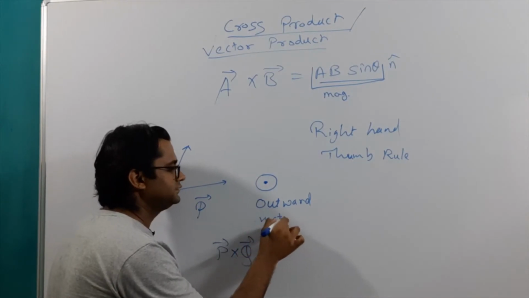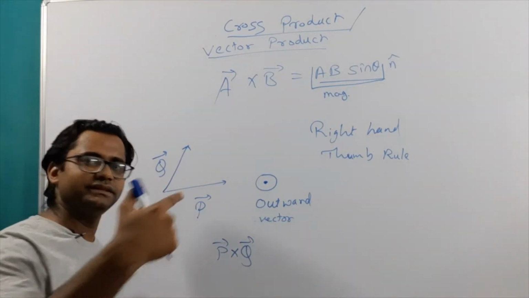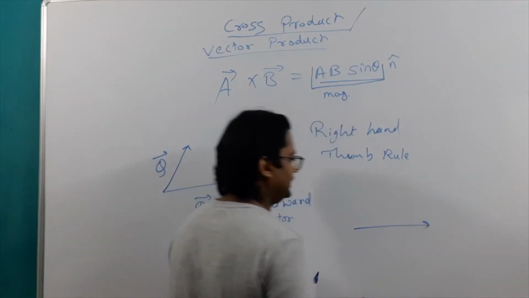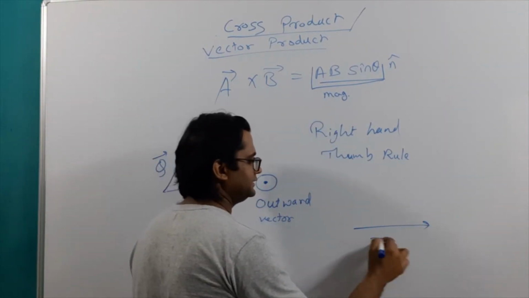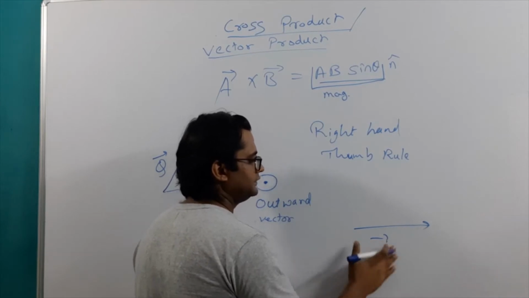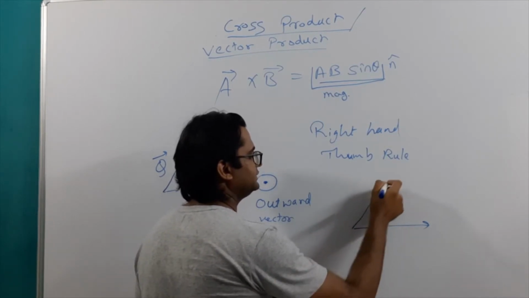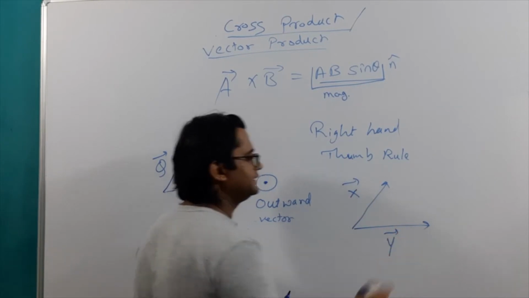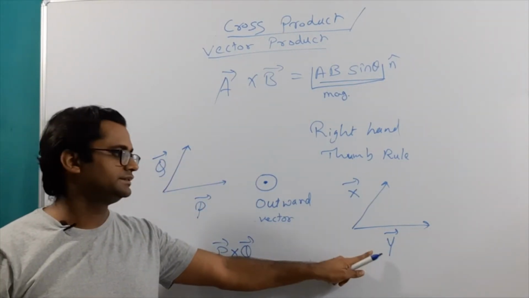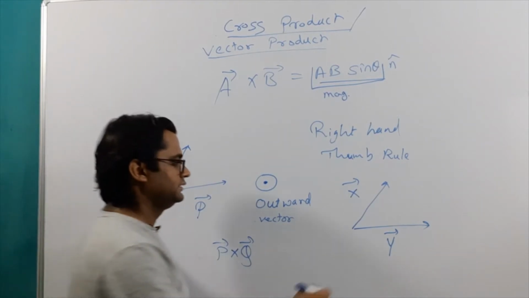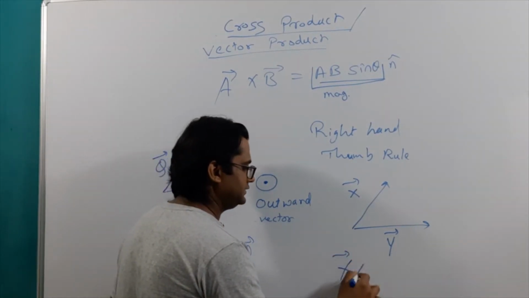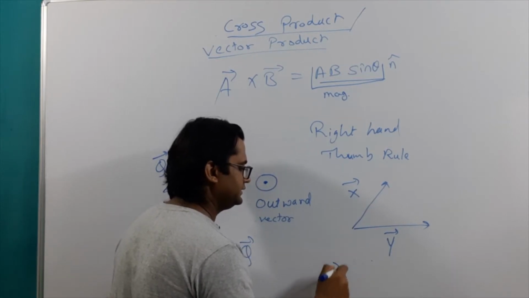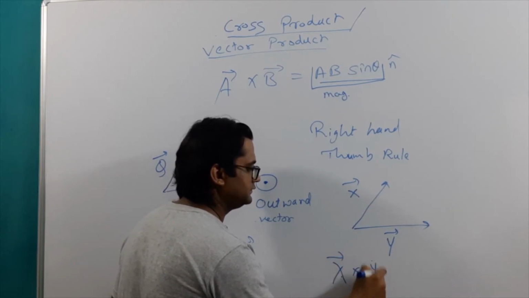Outward vector means a vector coming out of the board or out of your notebook. Let us take another situation, where the same vector is inside the board. I have another vector, X vector, and this is Y vector. I want to find the direction of X vector cross Y vector.